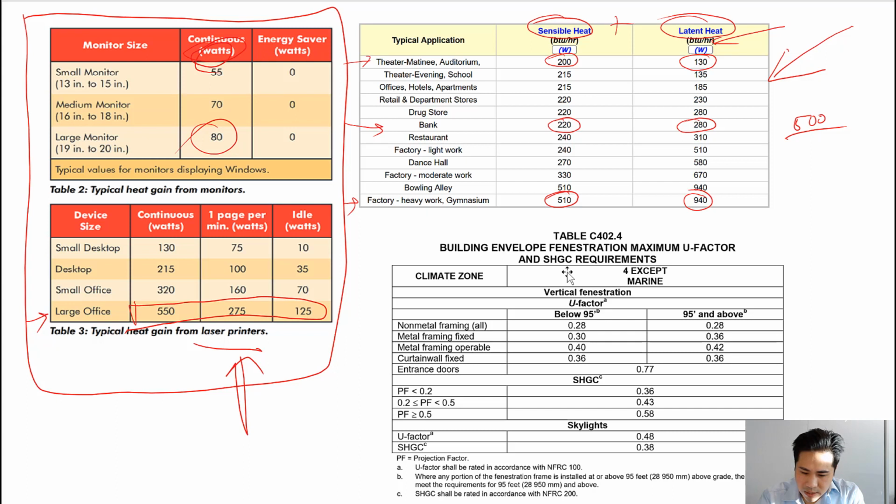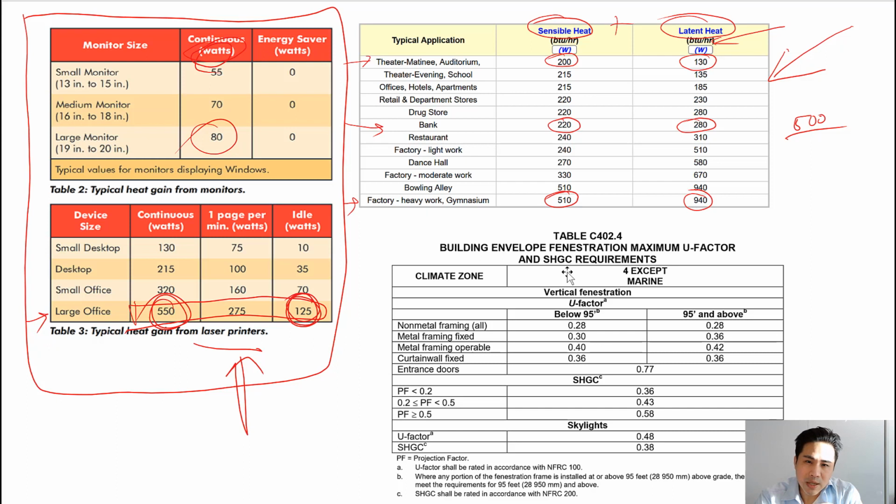And we're going to use the idle wattage of 125. The reason we're not going to use the continuous wattage is because when we're calculating the heat loss in a space, we don't want to use the maximum output that the computer is generating in order to figure out what size HVAC unit we're going to be selecting.